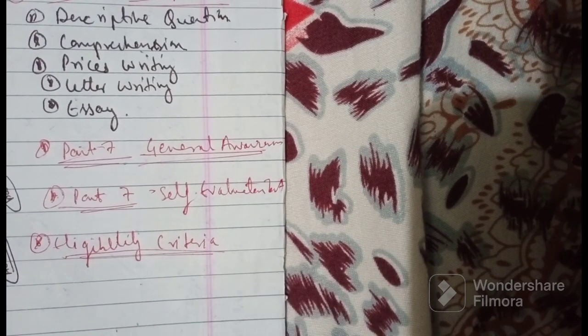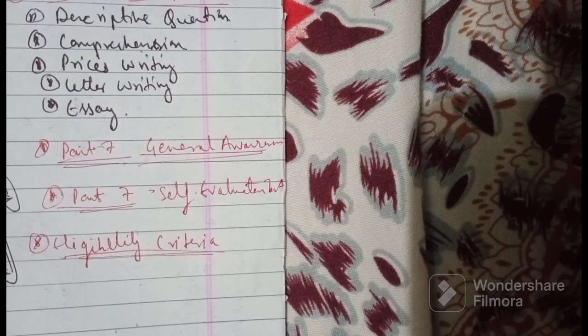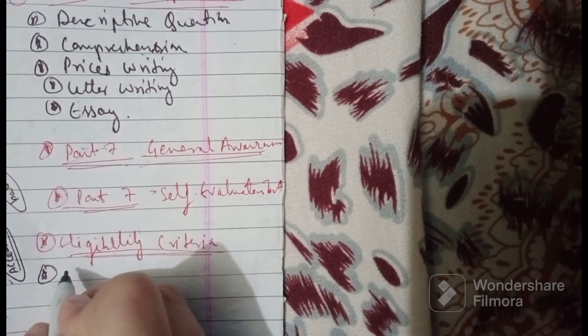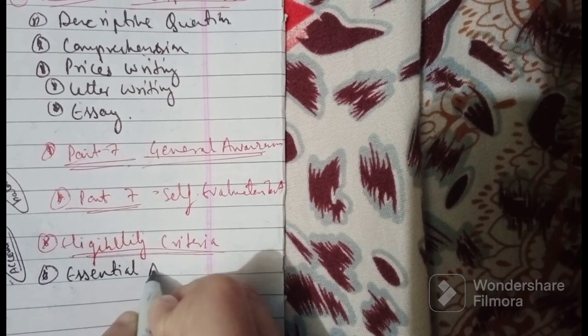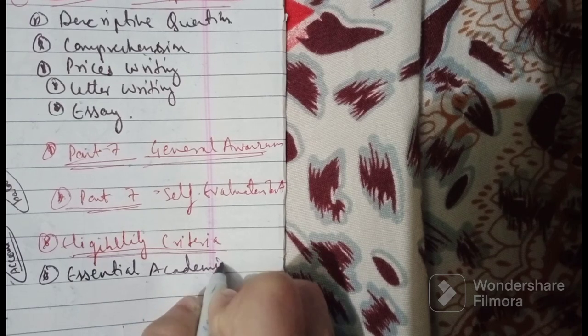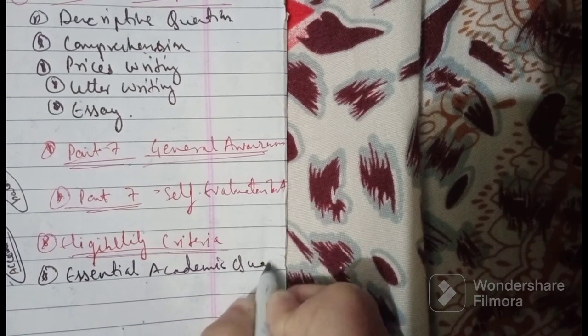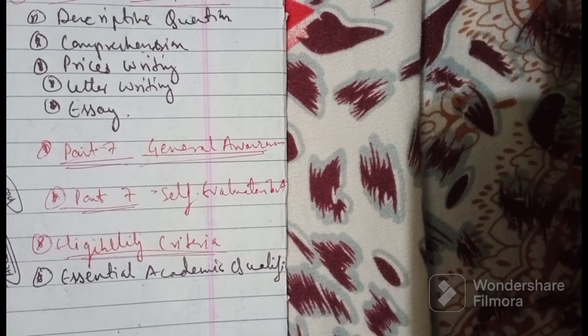The first we'll discuss is the essential academic qualification. In essential academic qualification, it is graduation in any discipline from a recognized university or any equivalent qualification recognized as such by the central government.